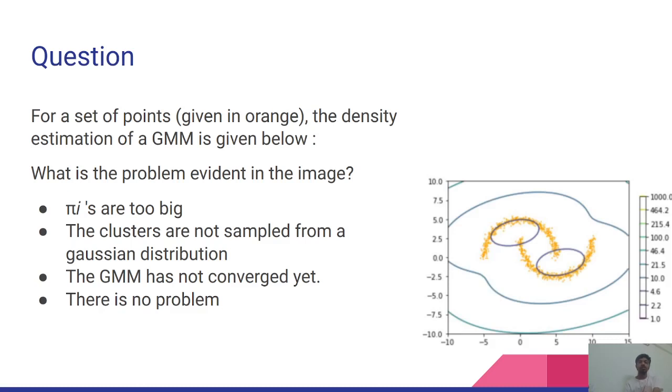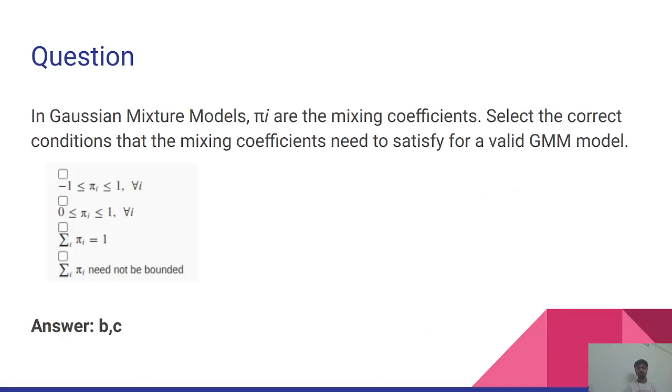Okay, so we have a set of points here. Can you show the answer? Yeah, B and C. So what is that symbol? The reverse, what is that called? Second option, the last one.